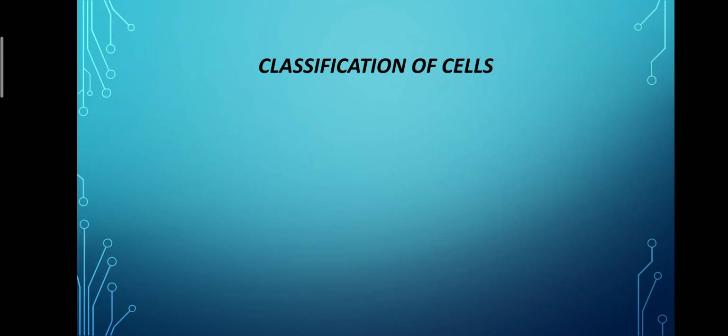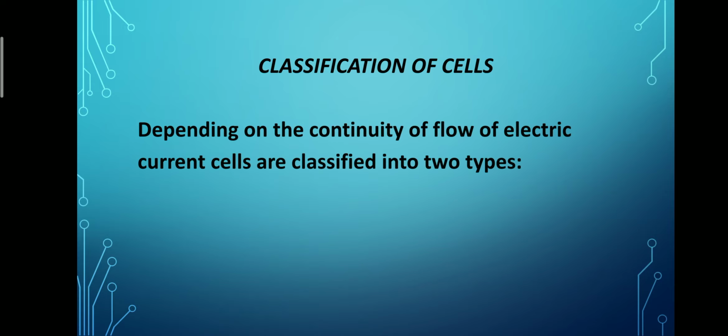And now the classification of cells. Depending on the continuity of flow of electrical current, the cells can be classified into two types. One is primary cells, another is secondary cells.